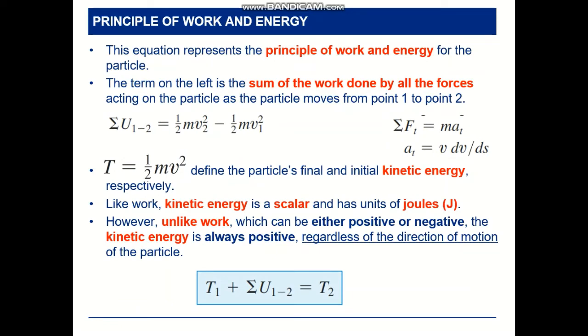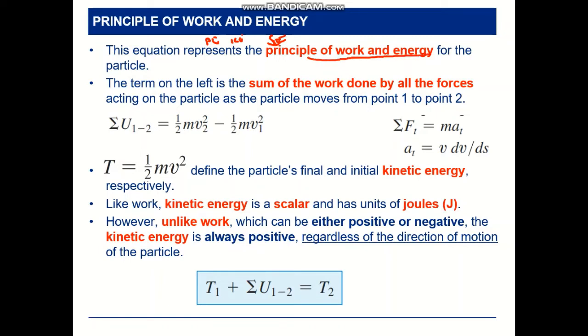So we go through all these forms of energy, which are potential energy, kinetic energy, spring energy, the external energies acting on it. This equation represents the principle of work and energy.